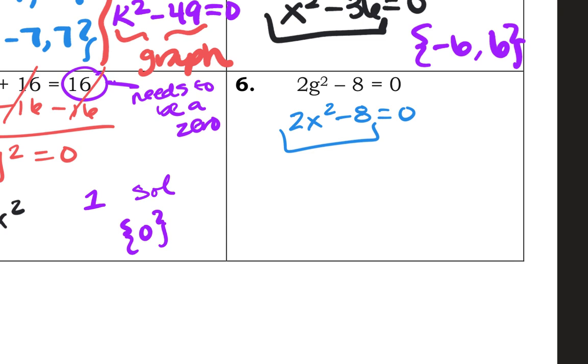Again, always make sure that that 8 is the same length as that 2x, right? You don't want it up here. All right, how many solutions do we have on this one? 2. What numbers are they? -2 and 2. Good. And this is written as a set because that's what the direction said. You just have to read what the directions say. -2 and +2.